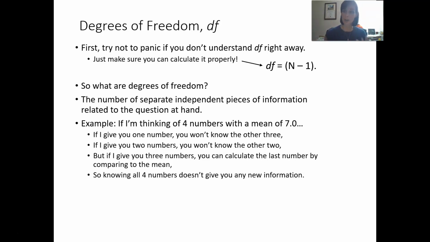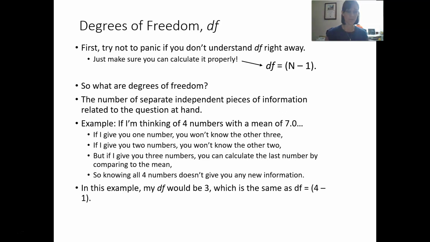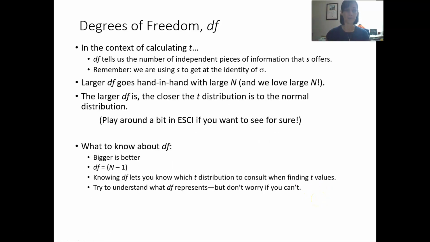And we'll talk about that more on Tuesday. So in this example, with 4 numbers with a mean of 7, our degrees of freedom is going to be 3, which is the same as our total number, 4, minus 1.